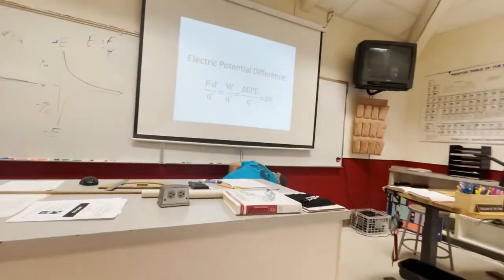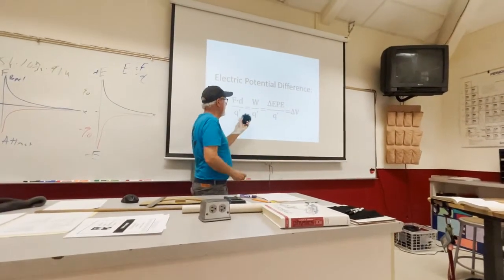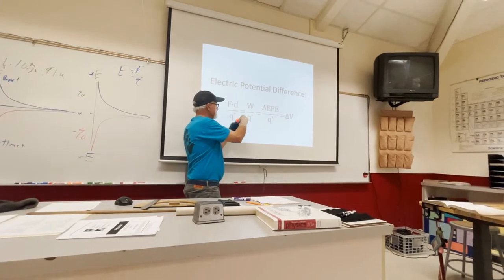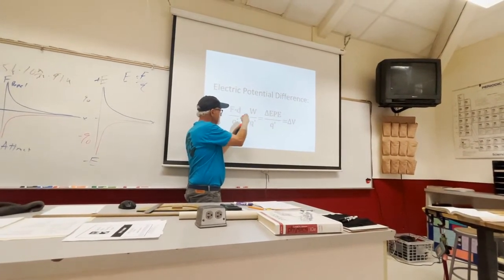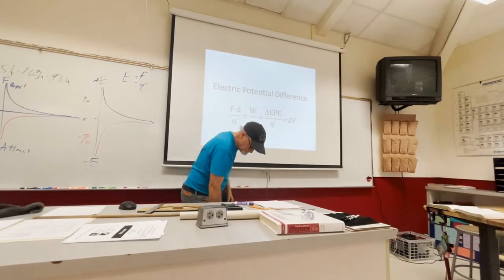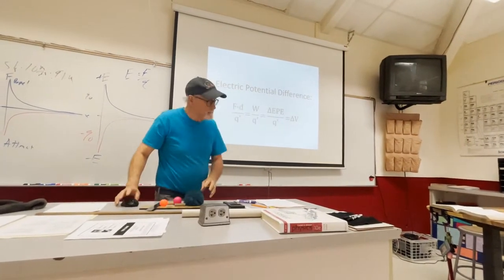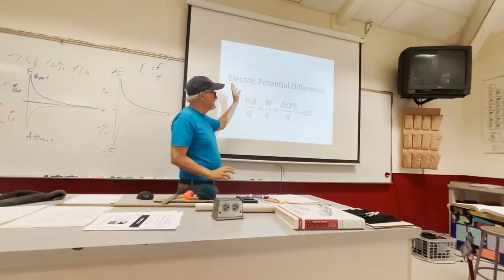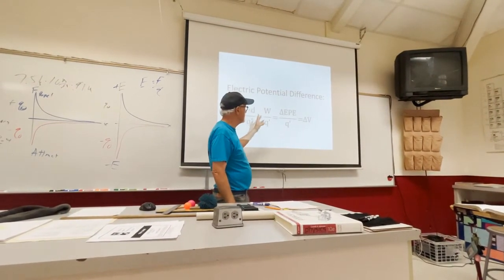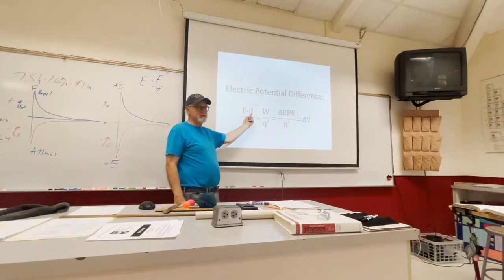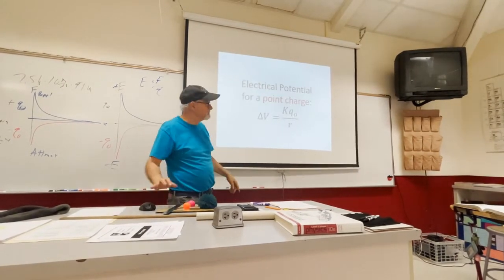For less charge, less work moving it, or less force, less work; more charge, more force. Okay, and that is electrical potential difference. It's the difference in potential energy from one place to another, the displacement you move from one place to another.